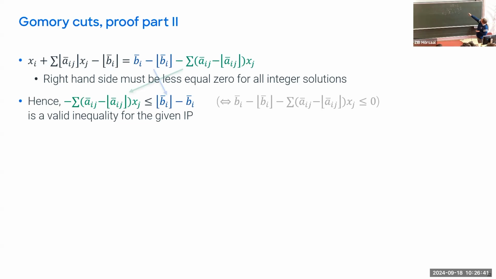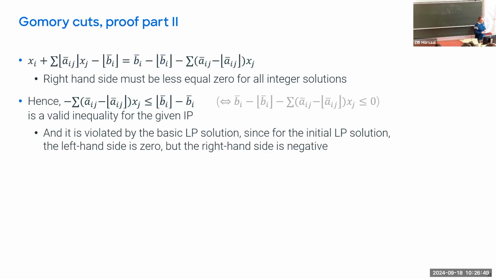If this is less equal 0, then we get this inequality. Just brought things to a different side. This is a valid inequality for the integer program that we are looking at. And it's violated by the basic LP solution that we started at. Because the left-hand side here is 0, because all the x_j are 0. And this is a fractional value. We round it down, we subtract the fractional value.